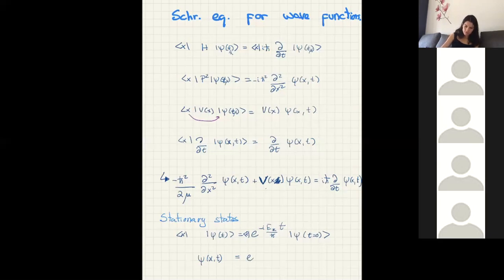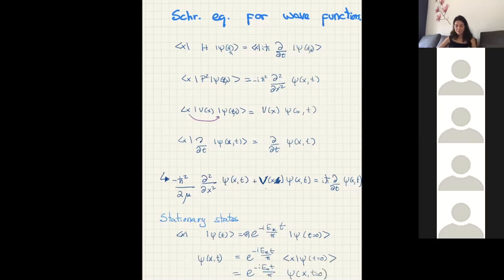This exponent here does not depend on x at all, so it survives, e to the minus i E_k t over h bar, and then you get here x psi of t equals 0, which is just e to the minus i E_k t over h bar times the wave function of x and time equals 0.